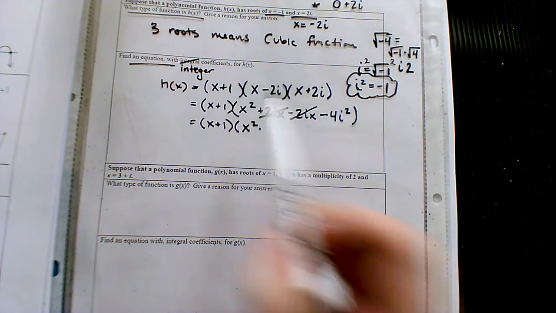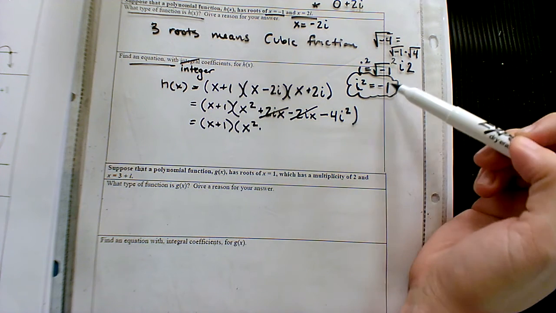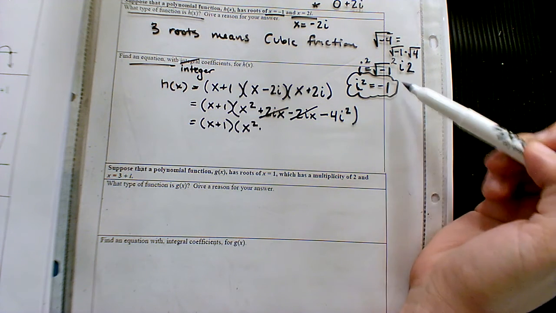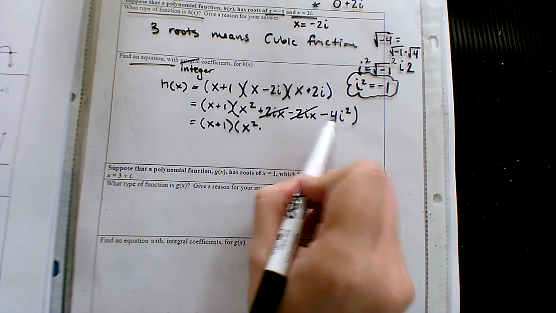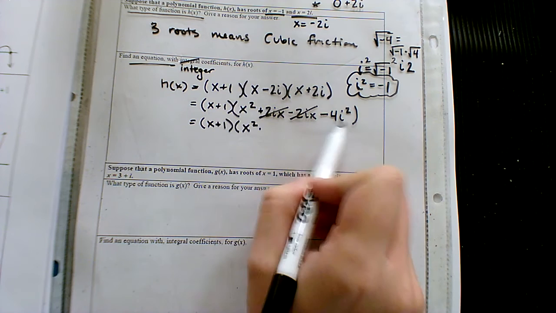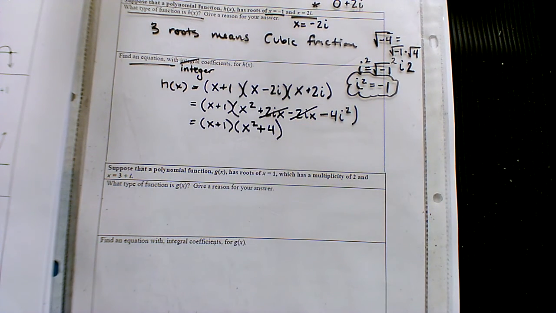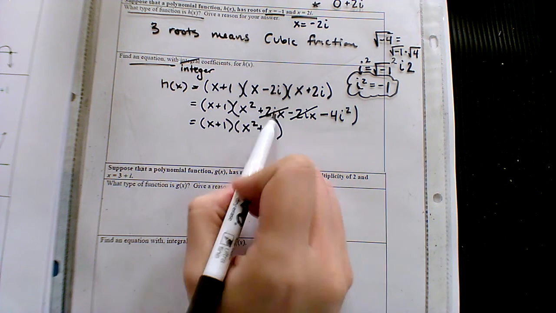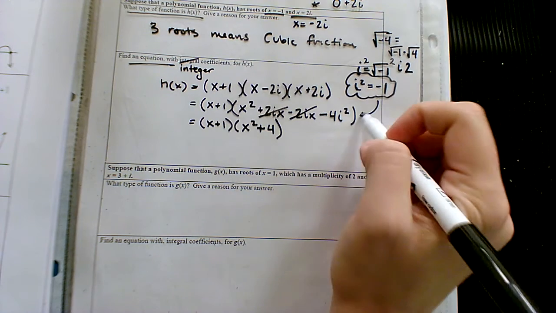So what's nice about this foiling process, at least with the i's, is whenever you have an i squared, you can simply replace it with -1, because that's what it equals by this definition. So this is technically -4 times -1, which would change to a +4. So even though we started with imaginary numbers, we had some i's in there, they should all conveniently go away, either by canceling or by replacing an i squared with a -1.